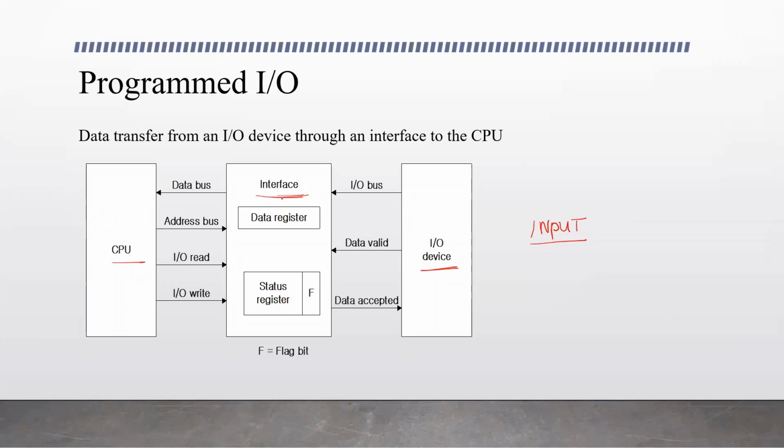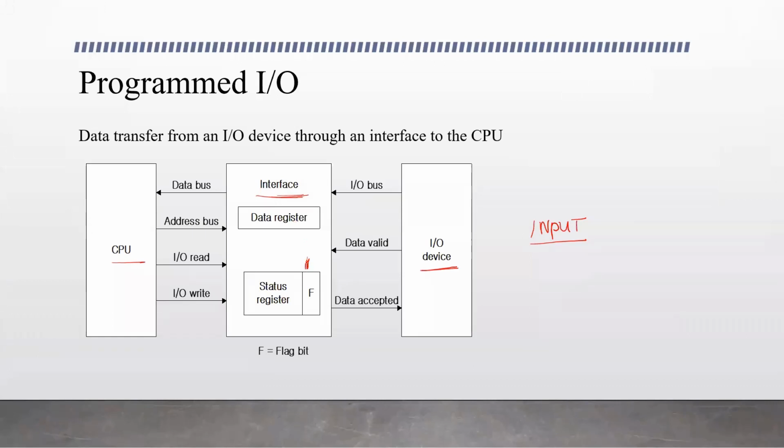What this interface does, it has to now read the data that is placed in the IO bus. So the interface reads the data into the data register. It has a temporary register, the data register. So it reads it into the data register and sets this flag as 1, meaning there is data available here.